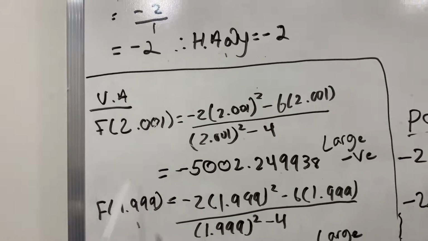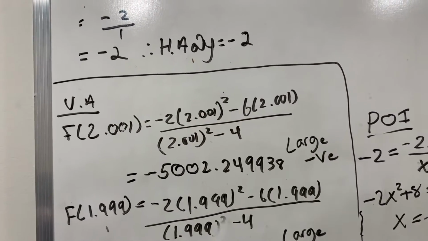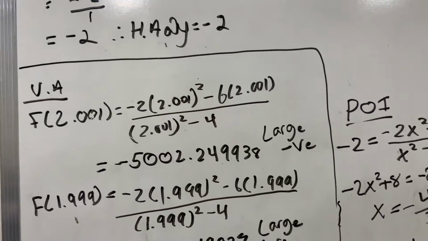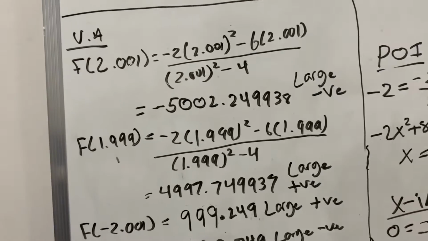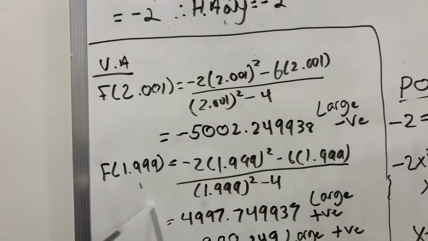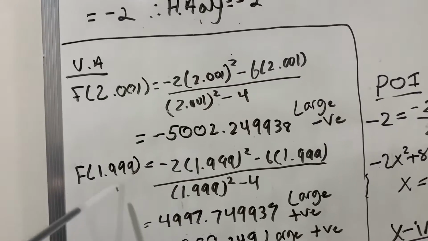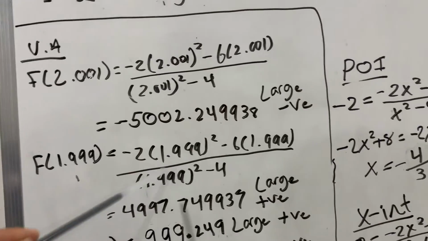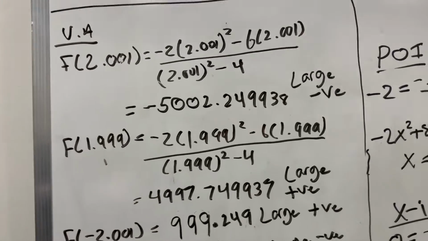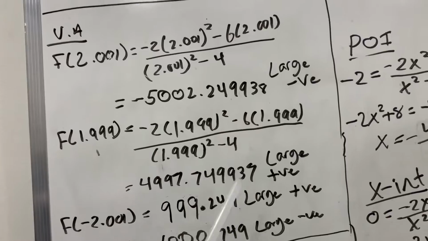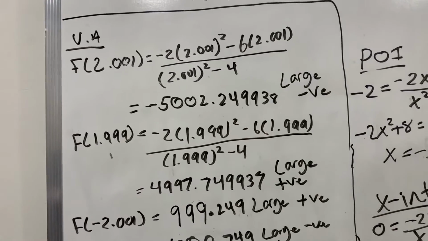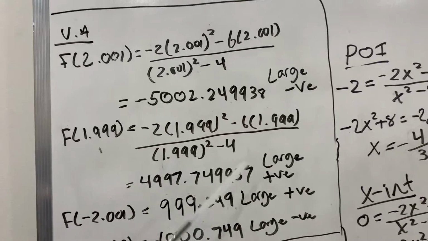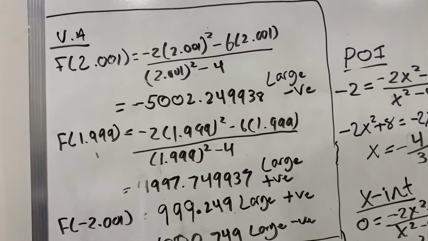So if x is 2.001, the end behavior would be a large negative value, so it'd go down. Now we would do 2 minus 0.001, which gets 1.999. We plug this into the function and we would get 4,997, which is a large positive value.